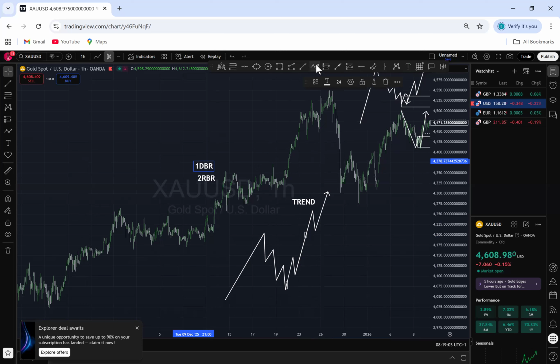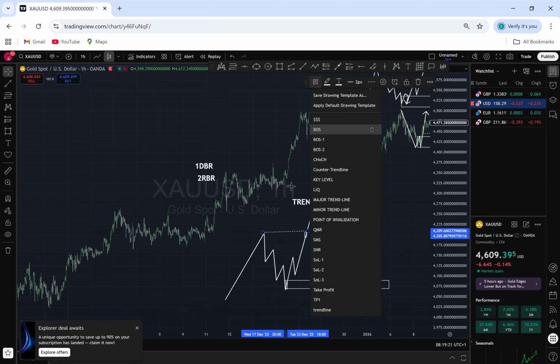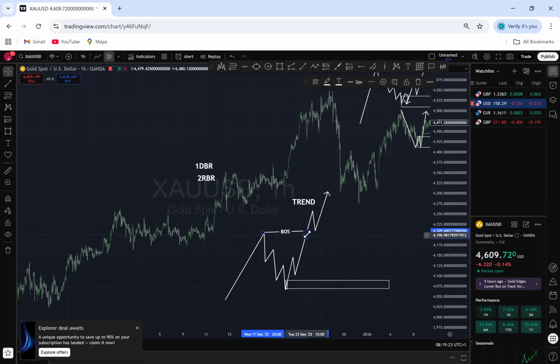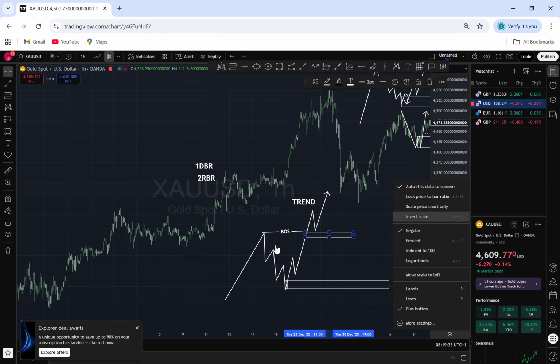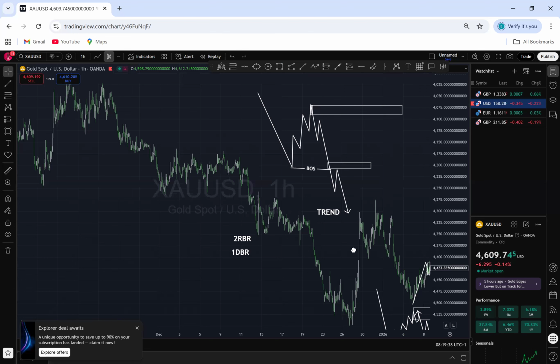So it is either coming as per a change of character demand, which is a drop, a base, and a rally, or it is coming as per a break of structure kind of demand, where you have a rally-base-rally. So the opposite will be true for a sell zone, right? The opposite will be true for a sell zone.